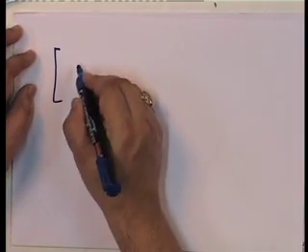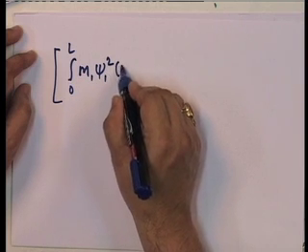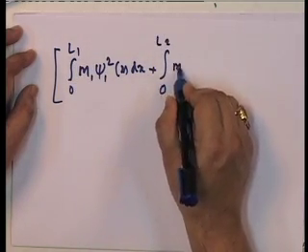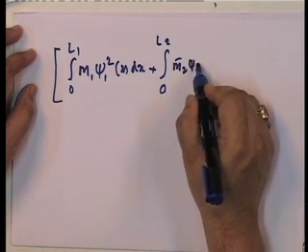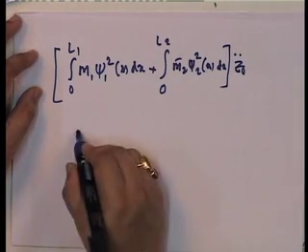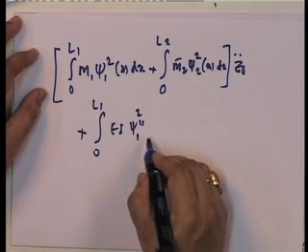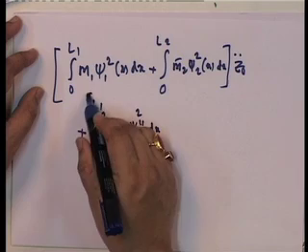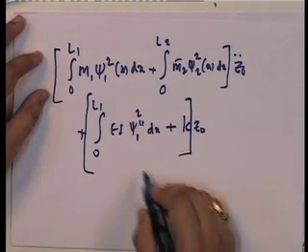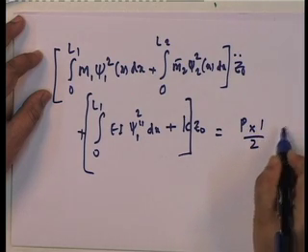So, this is going to look like this: integral 0 to L1 m1 xi1 squared x dx plus, integral 0 to L2 m2 into xi2 squared dx into z double dot plus integral 0 to L1 EI xi1 double prime whole squared into dx plus k into z0 is equal to p into half, and this L0 disappears.